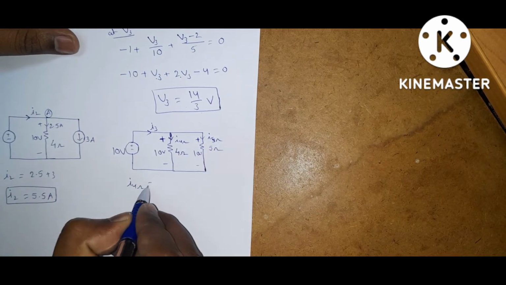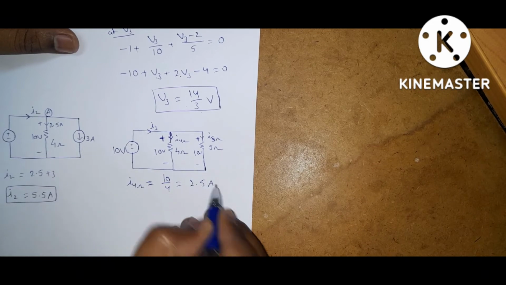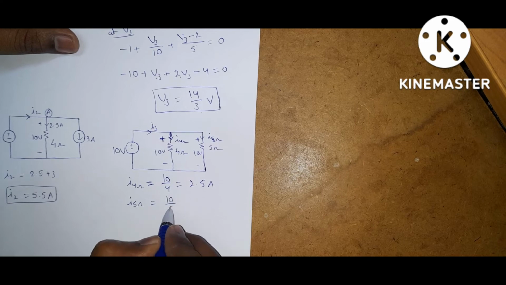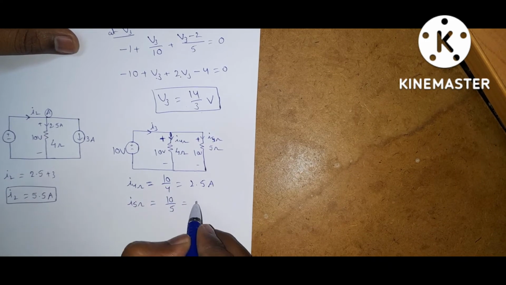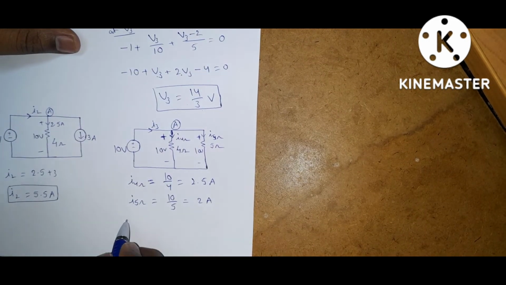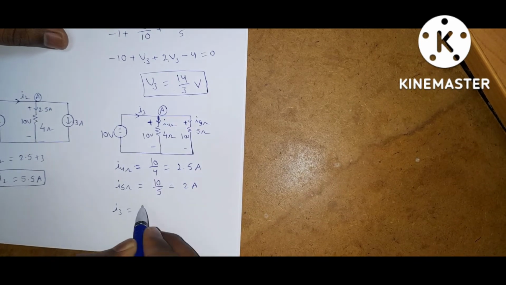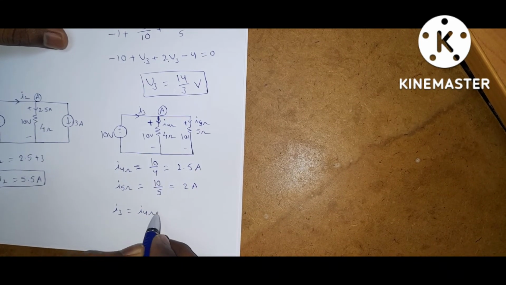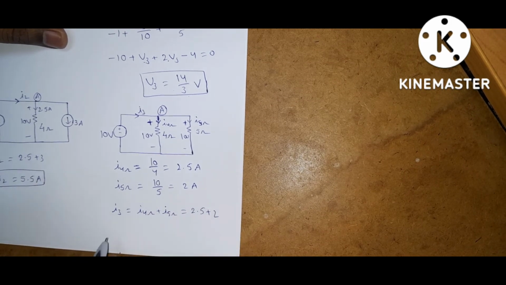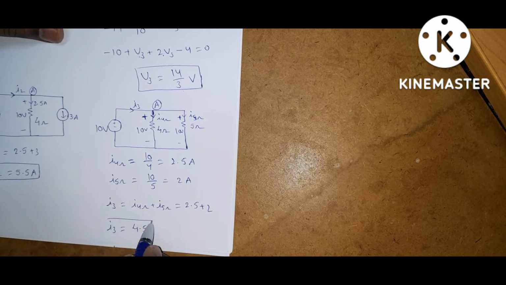I4 ohm is equal to V by R, 10 by 4, 2.5 amps. I5 ohm is equal to V by R, 10 by 5, which is 2 amps. Now KCL at node A. The incoming current is only I3, which equals I4 ohm plus I5 ohm, that is 2.5 plus 2. So I3 is equal to 4.5 amps.